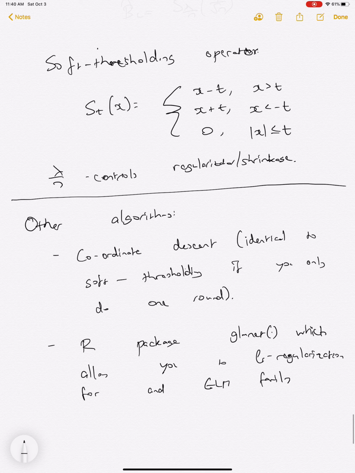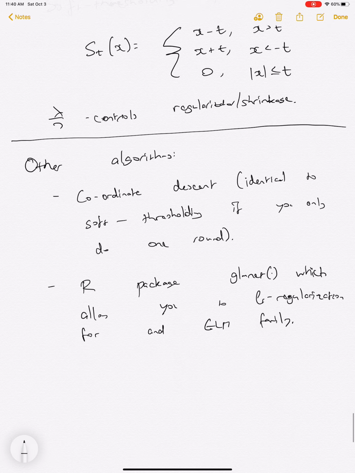We've only shown it in the case where we have the normal distribution, or least squares, as the objective. But if you were looking at logistic regression or Poisson regression, you could also add an L1 penalty, and the GLMnet package allows you to do that. That's one thing you'll be using in homework 3.